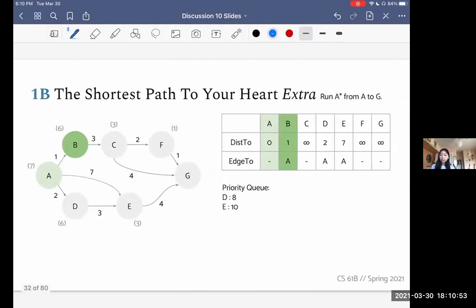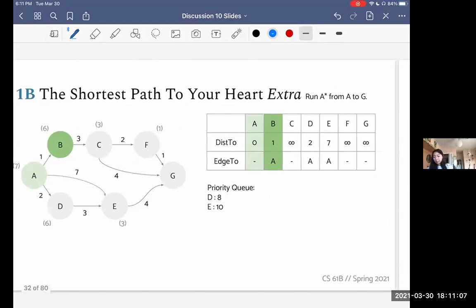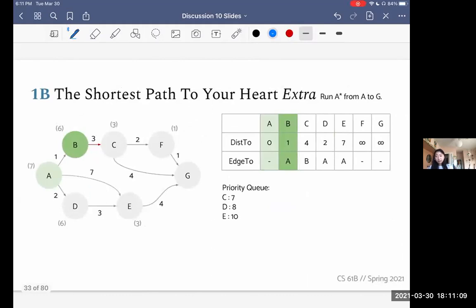That will be B. So we pop B off the queue, just like in Dijkstra's. This means we've finalized the distance to B and the best edge to B. Now we're going to look at its children. C goes onto the queue with priority 7. This is because, let's first get the distance 2.